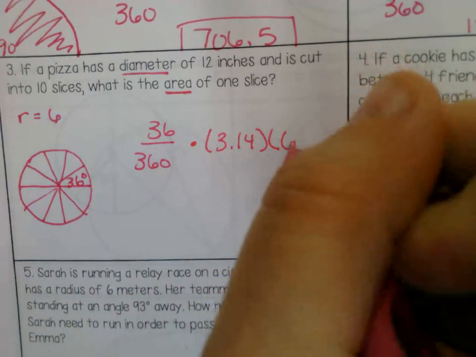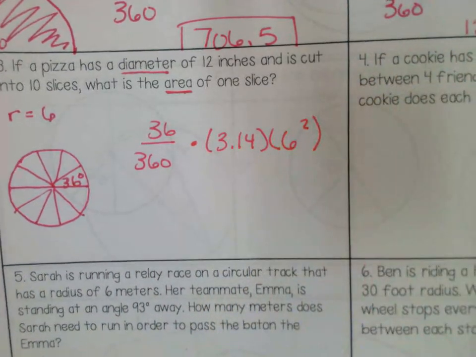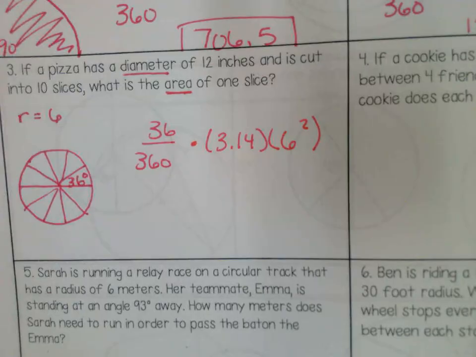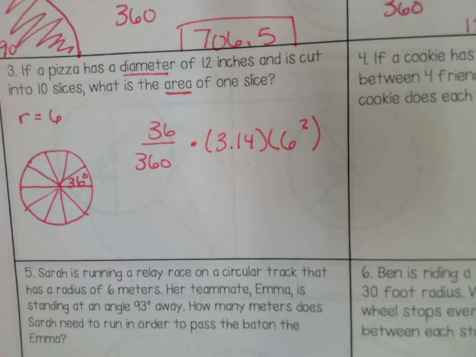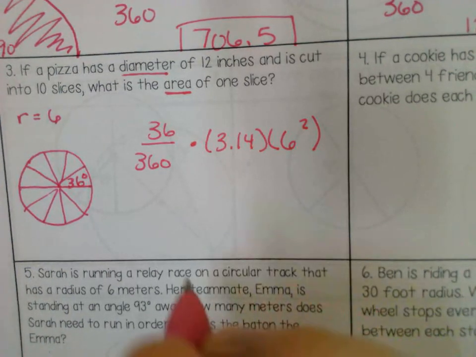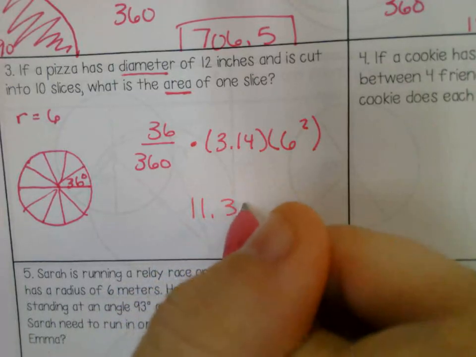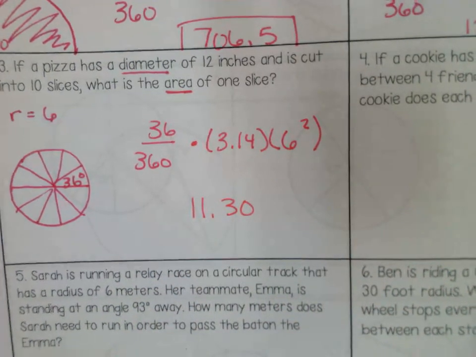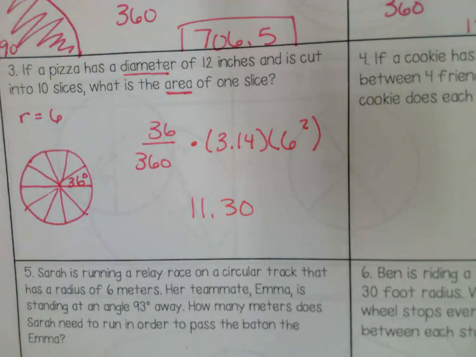My radius is 6, so I do 6 squared. You're going to punch that in, and you should get 11.304. I'm just going to round it off to 2, so I'm going to get 11.30.